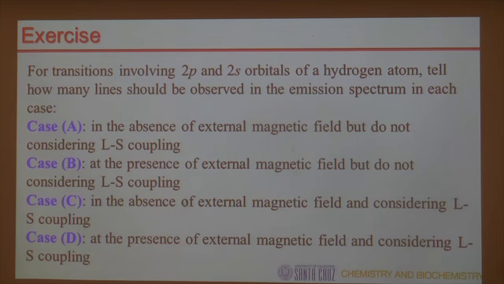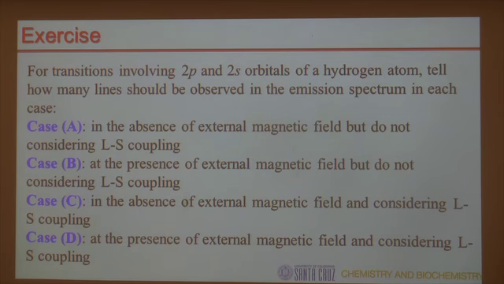Let's say case A. So how many lines should we observe? Let's do the easiest situation. Without considering LS coupling, so no energy splitting. Without the magnetic field, again, energy will not split.